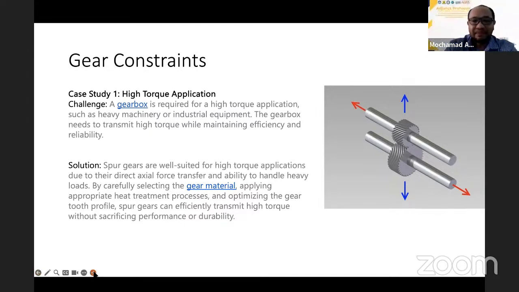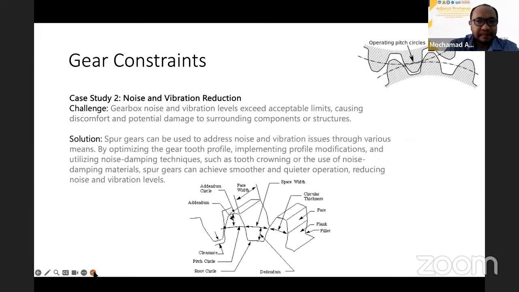Okay, Laura. When considering the problem of noise and vibration reduction, during the stage of engineering design, when we look at possible solutions that already exist, or when we consider possible ways that we could address this problem, one possible solution is that spur gears can be used to address noise and vibration through various means.